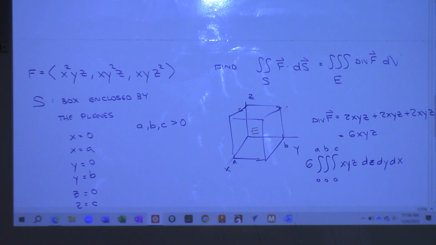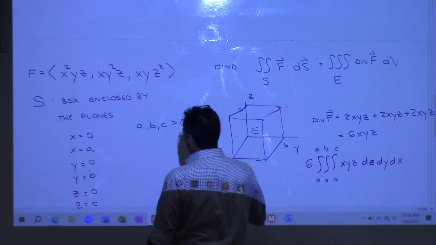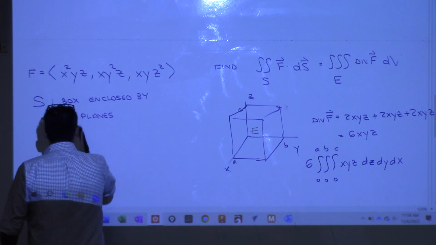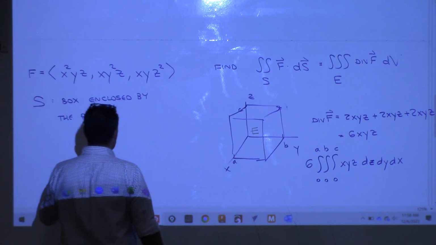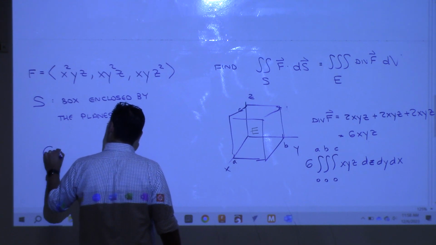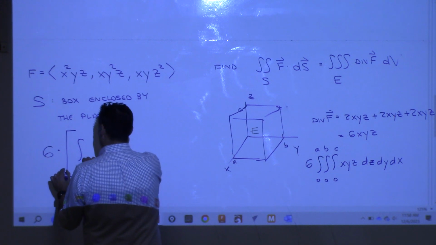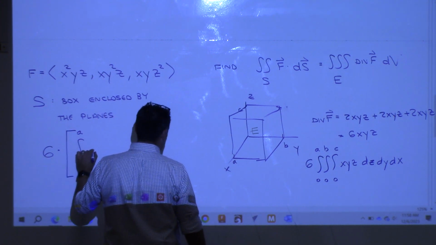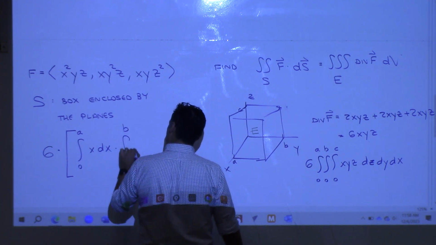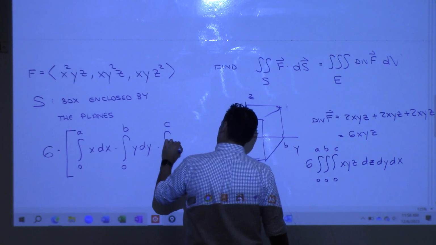Crank it out. Hey, can I do this? I'm just curious. I mean, I could go to the computer, right? But am I allowed to do this? Could I do 6 times the integral from 0 to a of x dx, times the integral from 0 to b of y dy, times the integral from 0 to c of z dz?